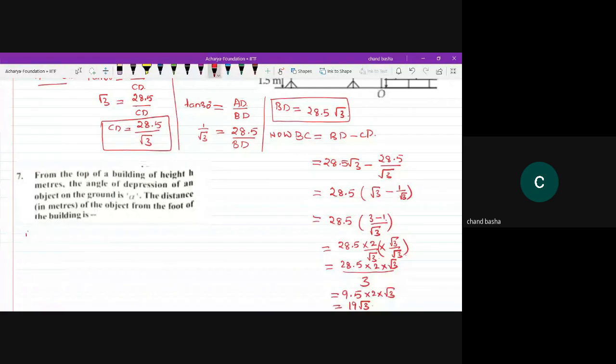The first option, h tan alpha. Second option, h cos alpha. It is the direct question. Third option, h cot alpha. Fourth option, h sin alpha.